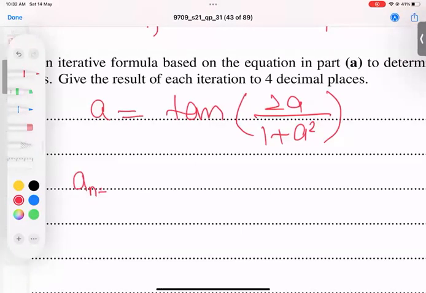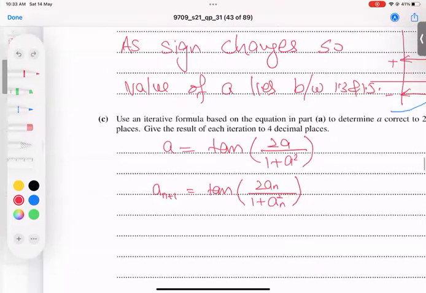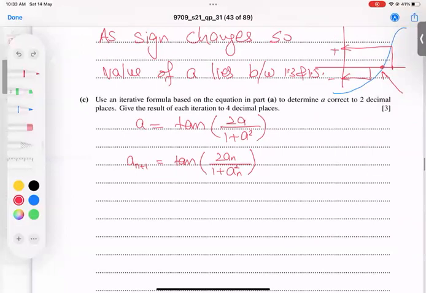Always n plus 1 on the left hand side, and on the right side always n. Make sure this is a fixed criterion. Here n plus 1 under a, and here under a, n only. All right, this is a very clear idea, and now I'm going to complete it.